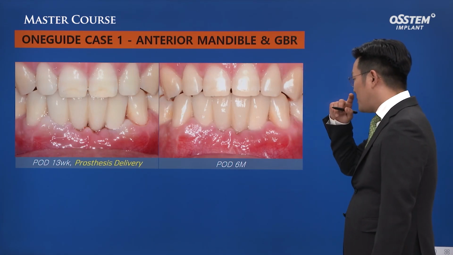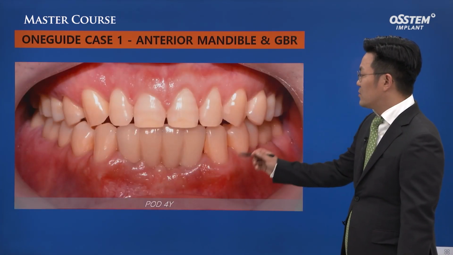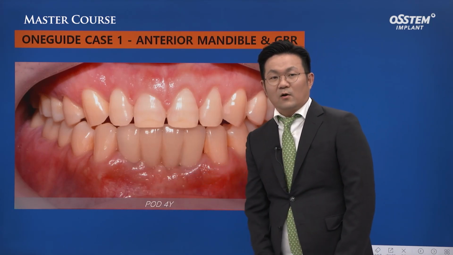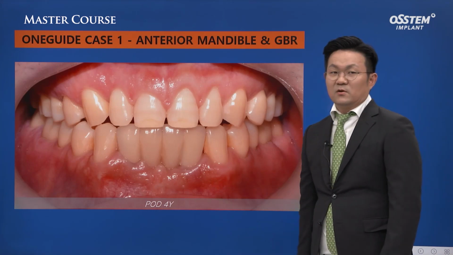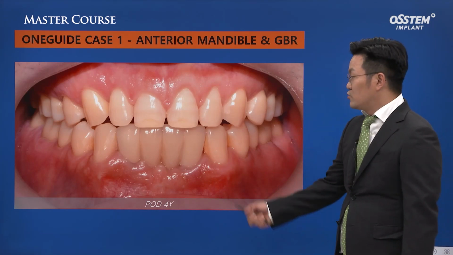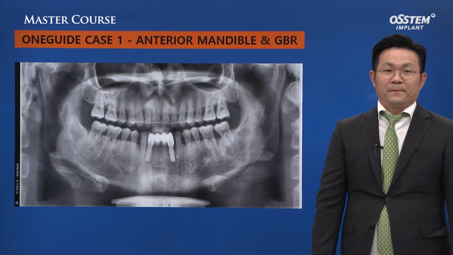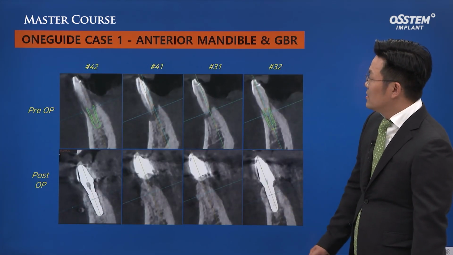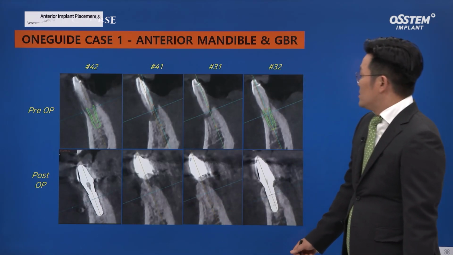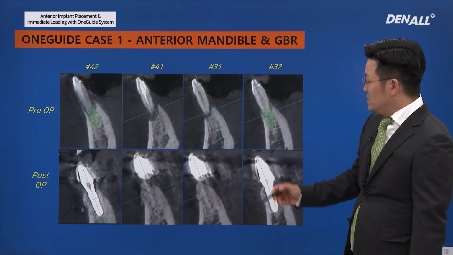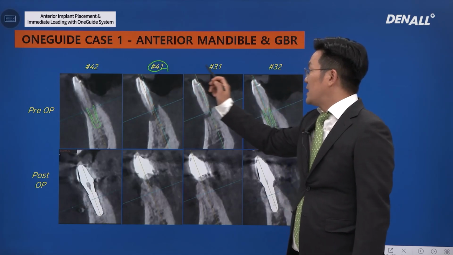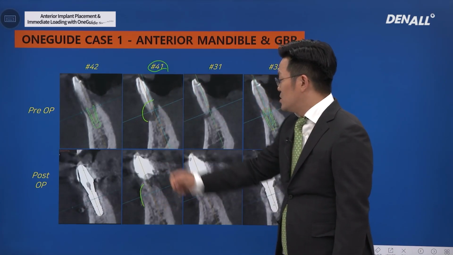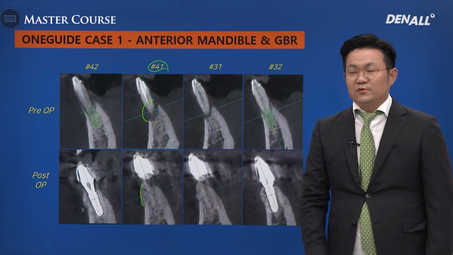And even after 4 years, on the labial side the contour remains, and the prosthetics are maintained on a long-term basis to be very aesthetic. So these are the CT photo and before and after comparison. It looks aesthetic because I think at the central incisor, there's no implant, but it had sufficient GBR, which has been maintained, and the gingiva height remained the same on the pontic side.